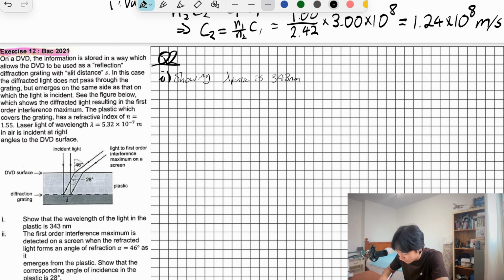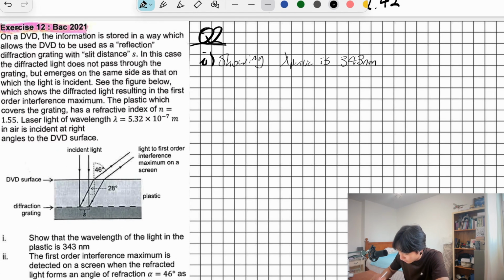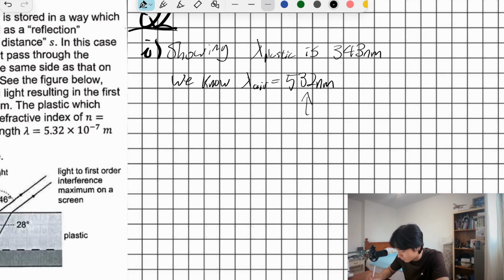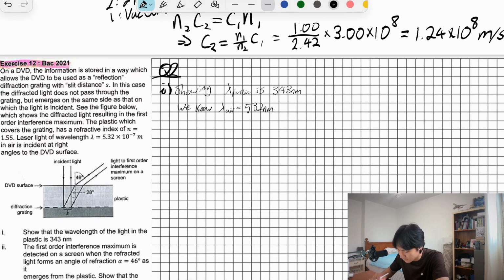So we know that initially lambda air is 532 nanometers. And we know this is also a green laser, that's what we proved in the last question, that 532 was a green laser.